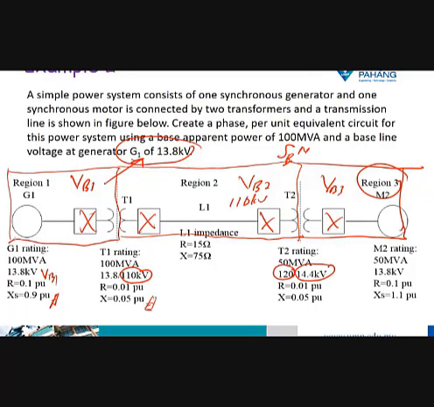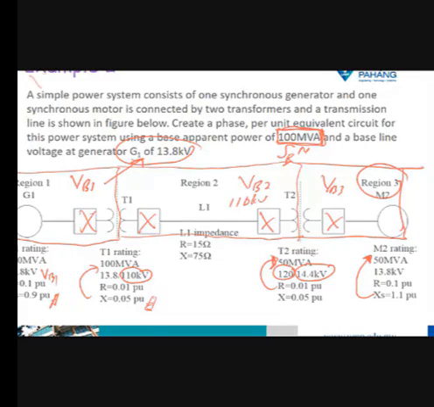But each per unit value refers to its own rating: this one refers to 100 MVA, this one to 50 MVA, and the motor also refers to 50 MVA. So we have to find the new per unit values for all the parameters, referring to the same base, which is 100 MVA, so that we can do the analysis.